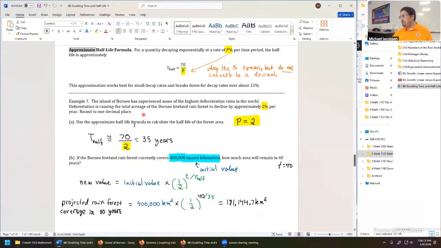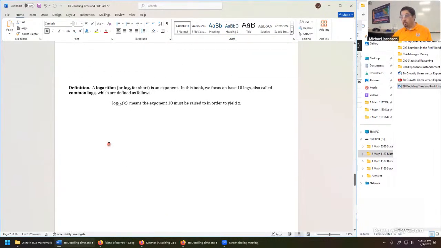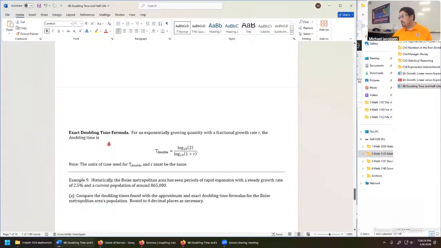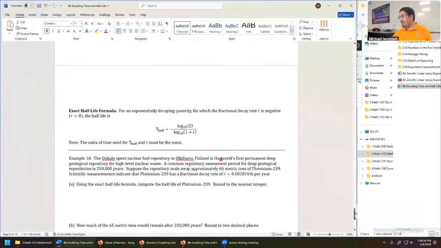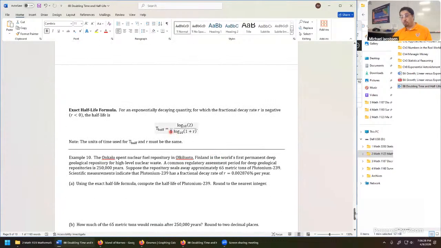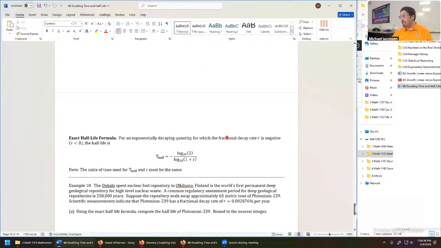So sometimes it's better to not approximate at all. And so we're going to also look into on Monday when we come back, the exact doubling time formula. It's going to use logarithms, and we'll look into the exact half-life formula. They're almost the same. One happens to have a negative sign. And using this information, we can give more accurate computations. So these will be the last kind of questions we're going to look into on Monday.